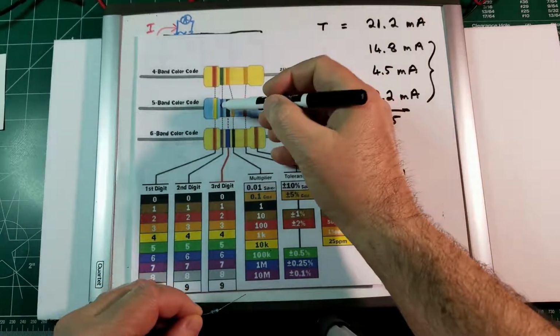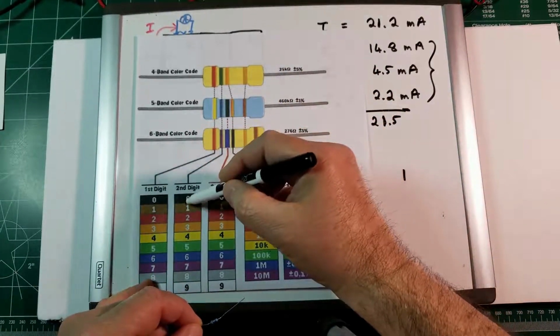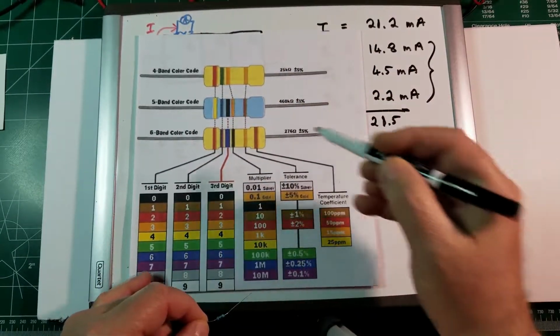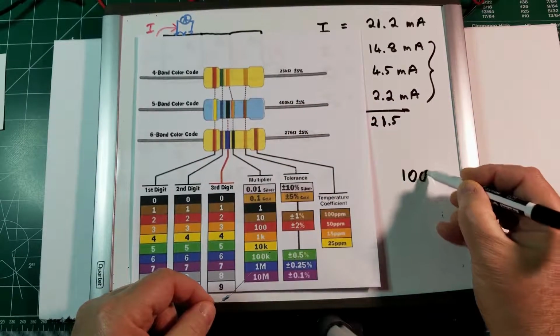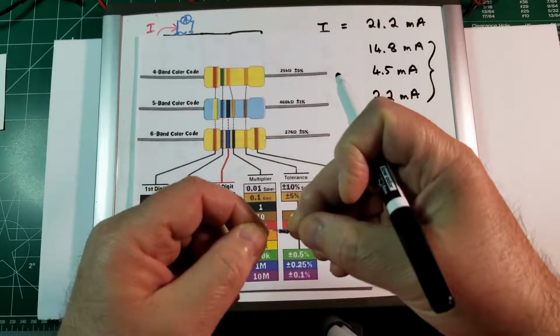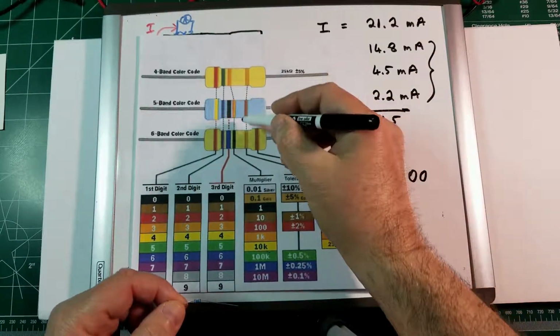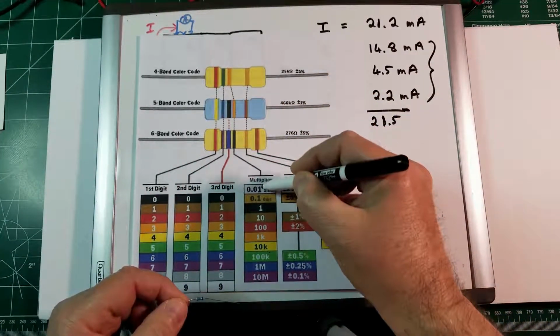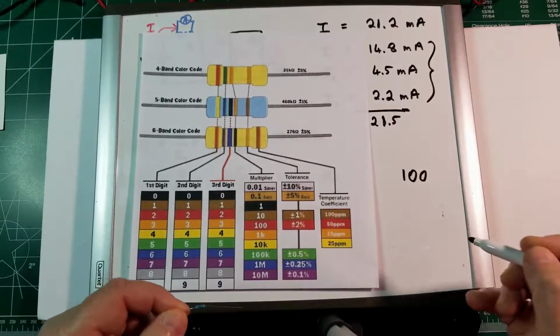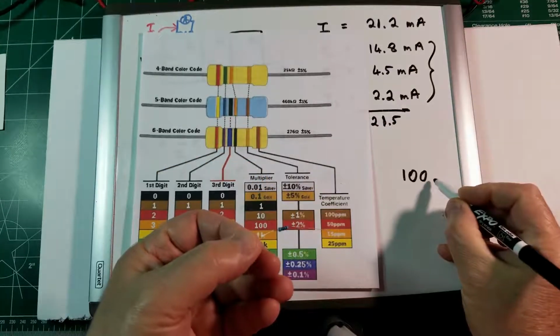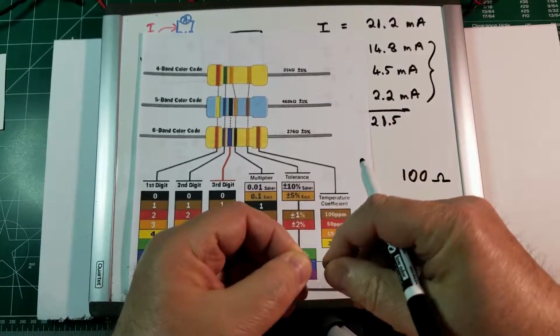Then the black in the second band means 0. The black in the third band means again 0. And the black in the fourth band means times 1. So it's still 100. So this resistor is 100 ohms.